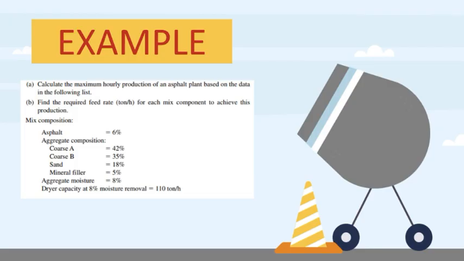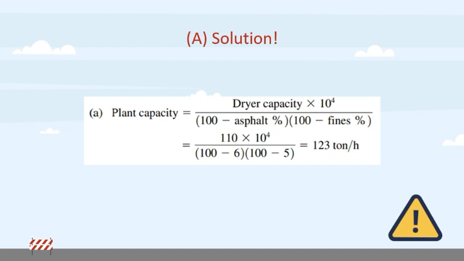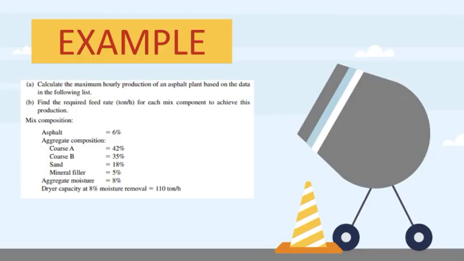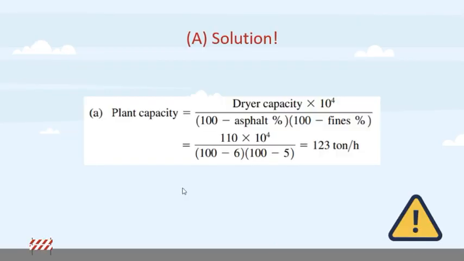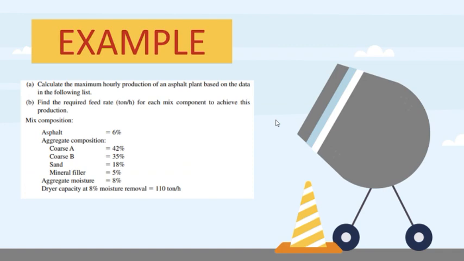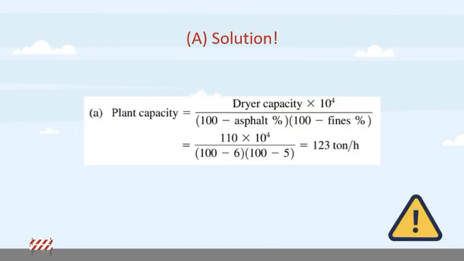For example, letter A: calculate the maximum hourly production of an asphalt plant based on the data in the following list. Here is the table again for the list. Solution for letter A: plant capacity is equal to the dryer capacity multiplied by 10^4 over 100 minus asphalt percentage, multiplied by 100 minus fines.